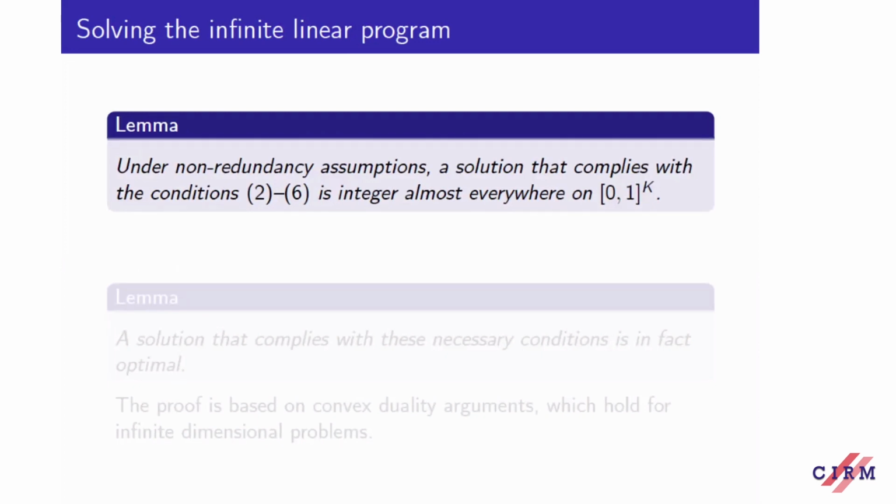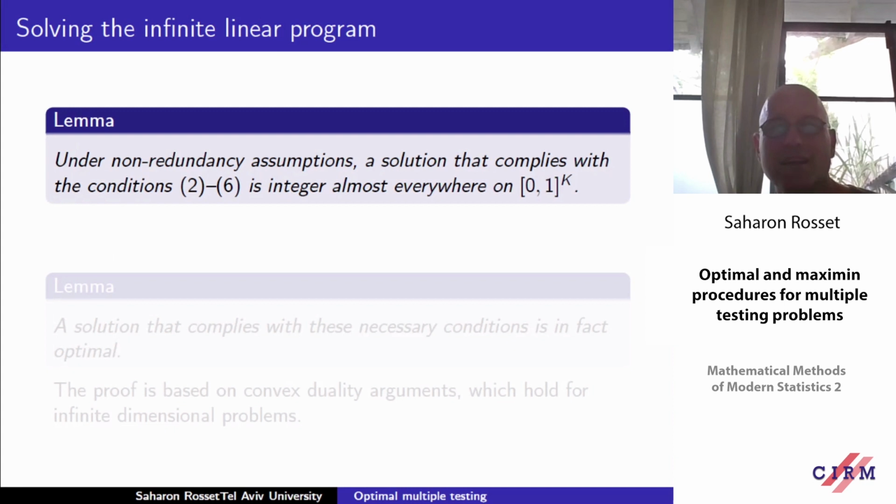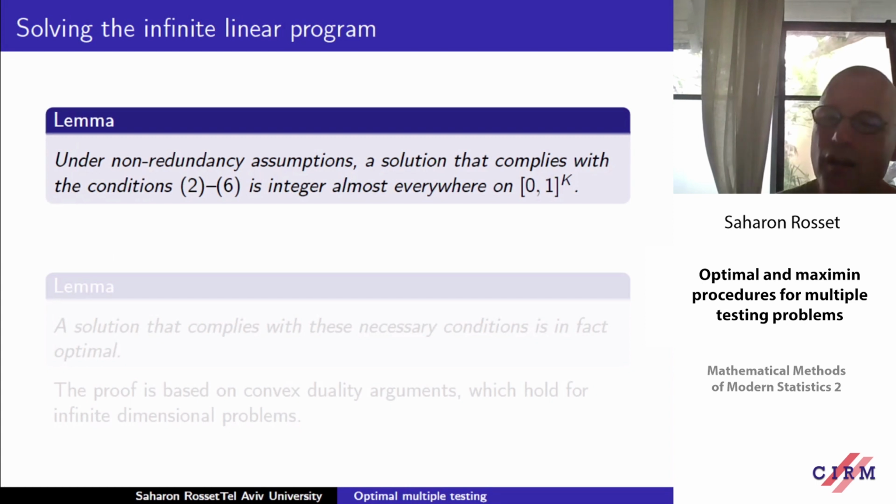Some of you may be familiar with the concept of total unimodularity for finite linear programming, which tells us that a linear program with a total unimodularity structure is guaranteed to have an integer solution. What we derive here is basically some kind of total unimodularity for the infinite problem.